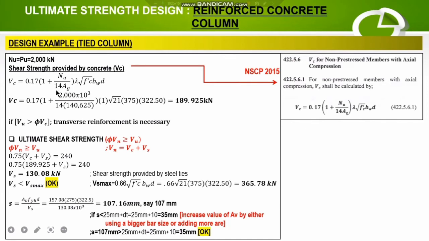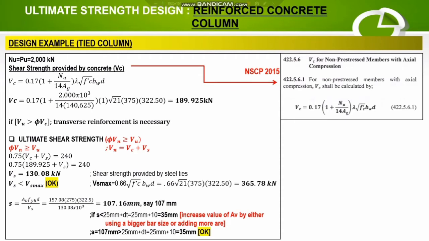So plugging in all the necessary values, we can solve V sub C, which is equal to 189.925 kilonewtons. Take note that our 2000 kilonewtons was converted into newtons for consistency of units. Take note that if our factored shear VU is greater than phi VC, then transverse reinforcement is necessary.